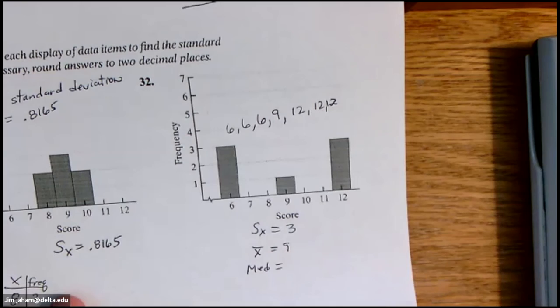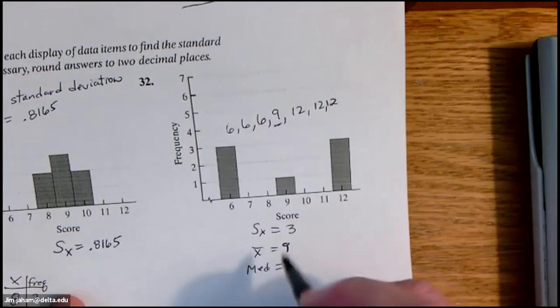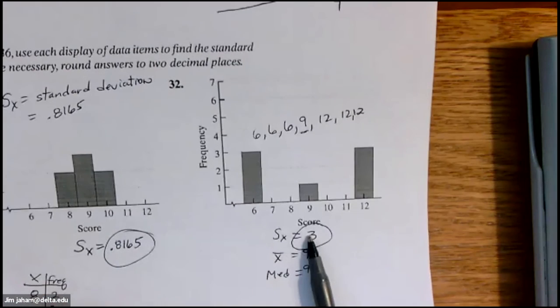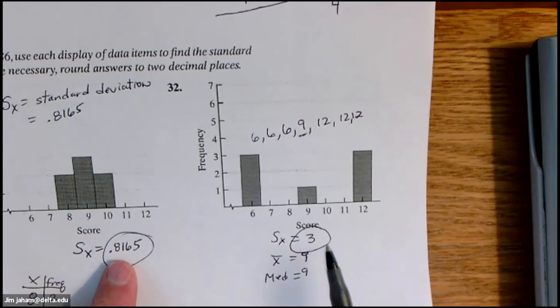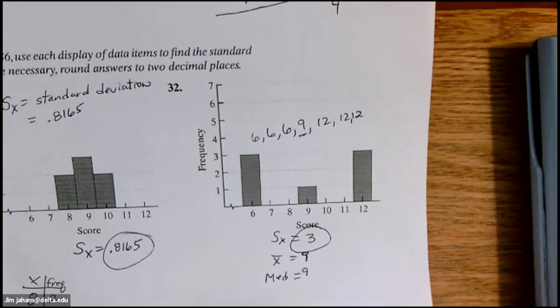And the median, well, you can see the middle data value is also 9. But what I want to draw your attention to are these 2 numbers. 3 is much larger than 0.816. Since 3 is larger than 0.816, this data set is going to be more widely dispersed, spread out than this data set.